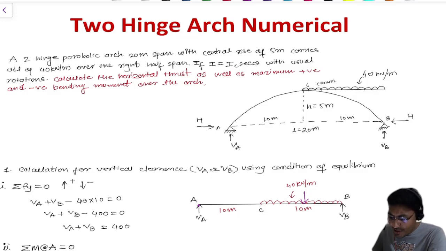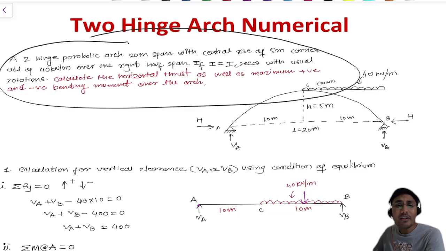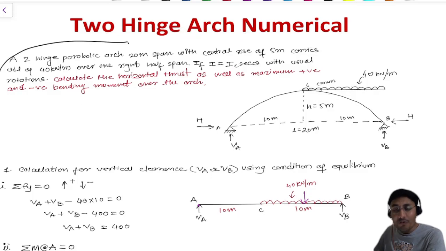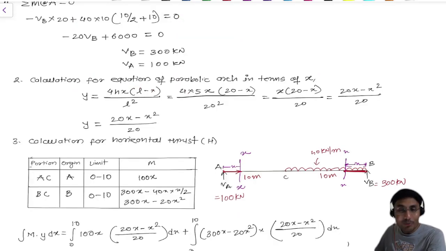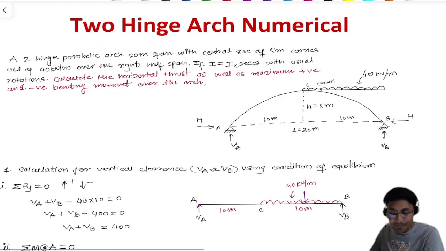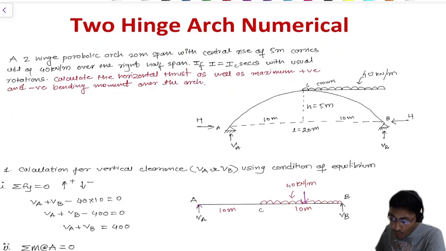We will first start with the numerical written over here, because this type of theory numerical always gives lots of information to solve it. A two-hinge parabolic arch, 20-meter span with a central rise of 5 meter, carries a UDL of 40 kilonewton per meter.